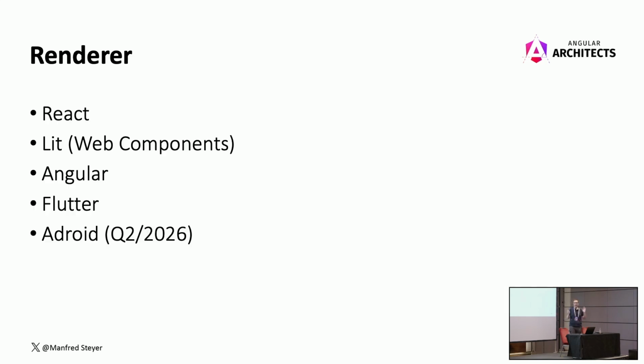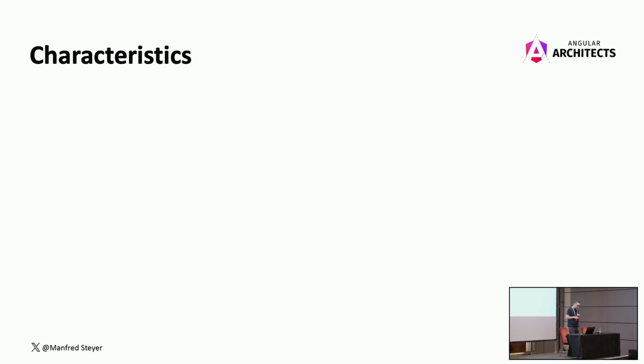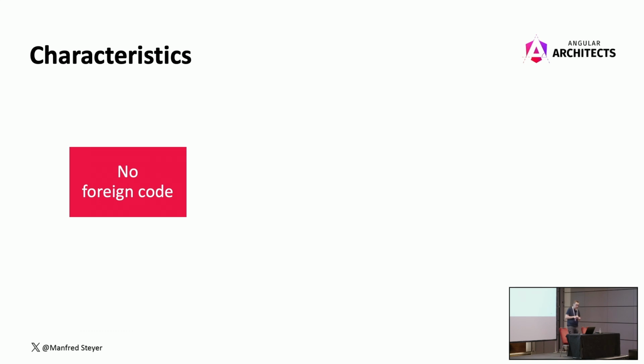We have several renderers out there for different frameworks like React, Lit and Web Components, Angular and so on. And there is also a renderer planned for Android. This all has nice characteristics, like we don't need to execute foreign code.